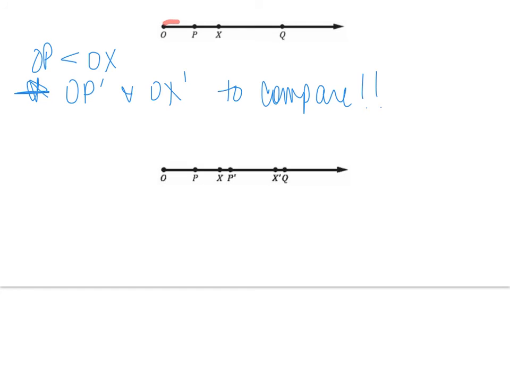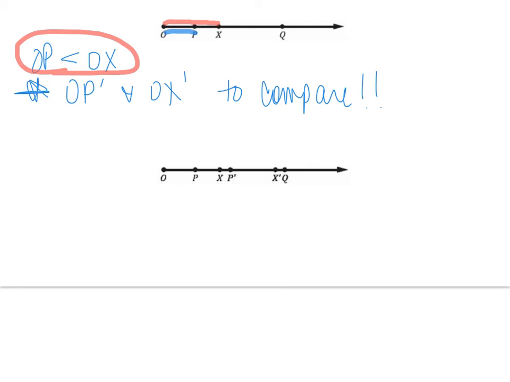On this first drawing, I have OX and OP, and as I stated, we know that OP is less than OX.